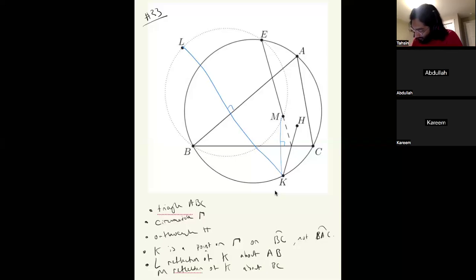And then there's a point E. Well, there's a lot of points here. How does E occur?